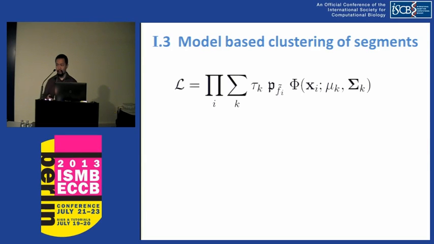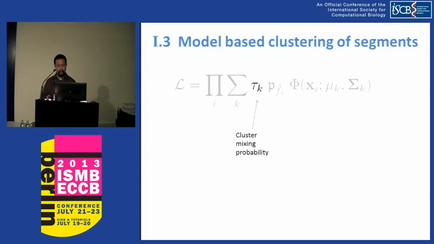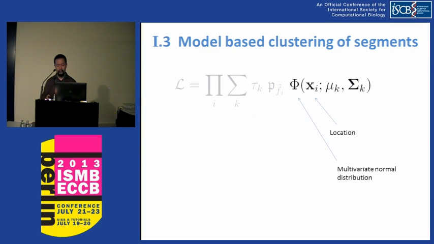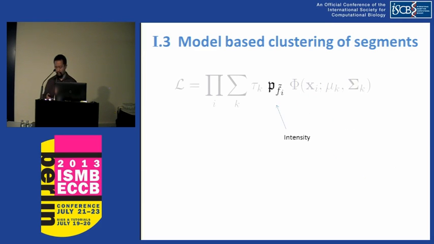To do such a clustering, we assume that the observation of intensity and locations of the local maxima follows a mixture of distributions, where this tau is a cluster mixing probability, and the location of local maxima follows a multivariate normal distribution, and also there is a probability term that is proportional to the intensity of local maxima.